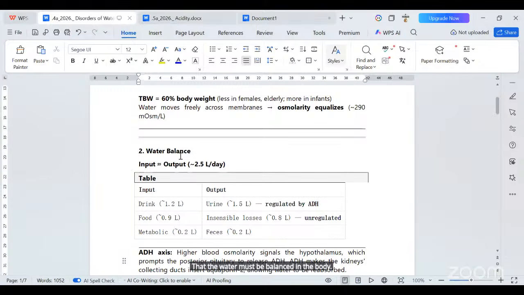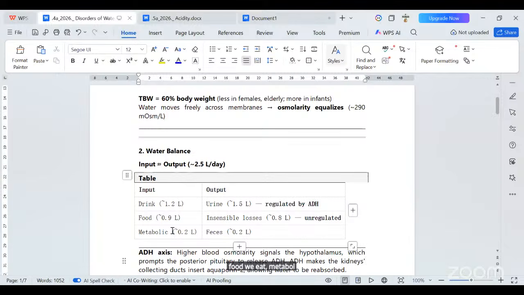What do I mean? The water we take in must equal the water that is excreted out of the body. And we take in water either through drinking, that's about 1.2 liters, through food, or through metabolism. Metabolism is the breakdown and synthesis of food we eat.